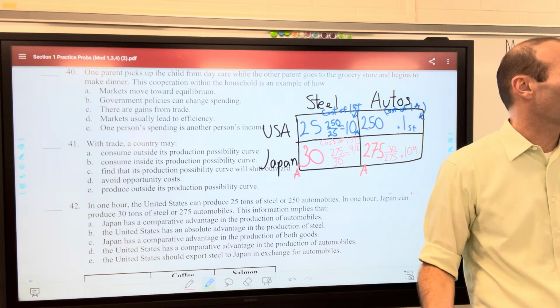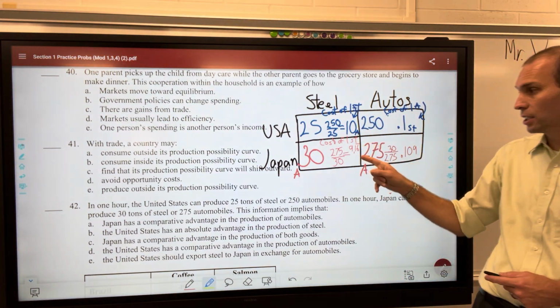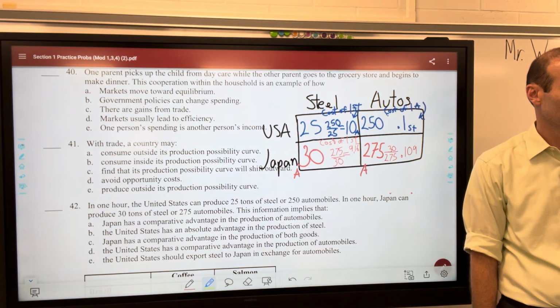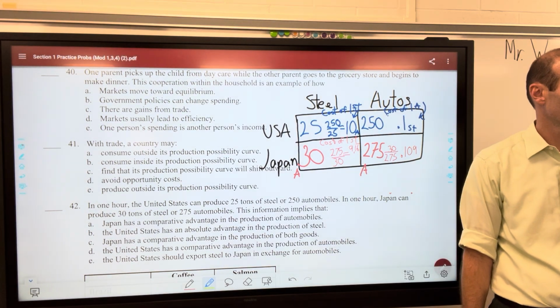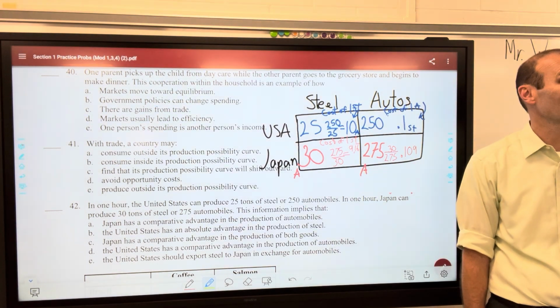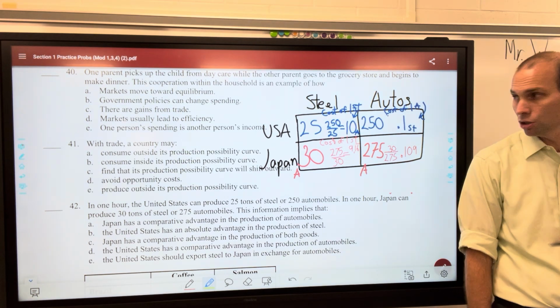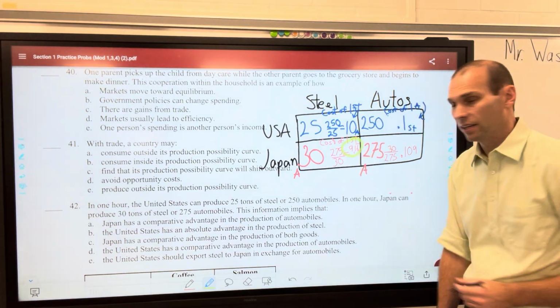So we've already done the math. This is easy. One steel costs us 10 in the US, but 9.16 in Japan. Which one has a higher cost? Who has a lower cost? So who has a comparative advantage in steel? Correct. Japan does.